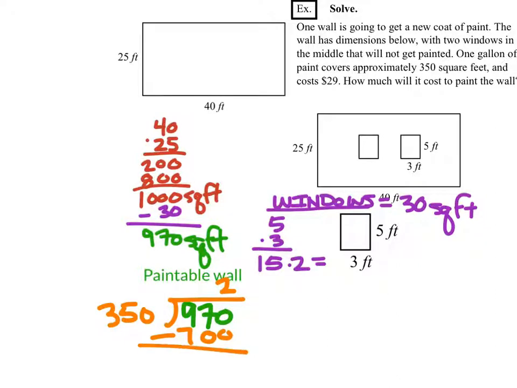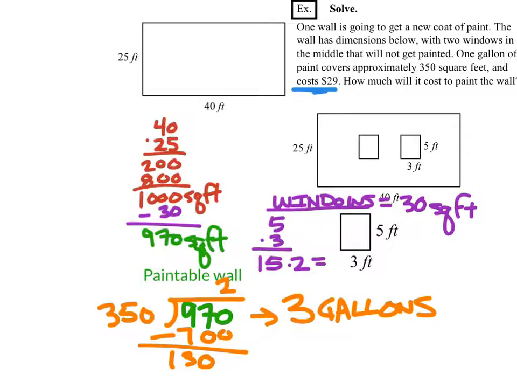So how much square footage would remain after 2 gallons appears to be 130 square feet. So this means that we need 3 gallons of paint, which is going to cost $29 for every gallon, right here.